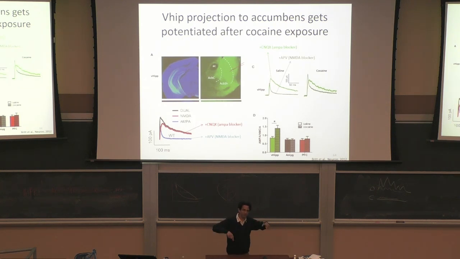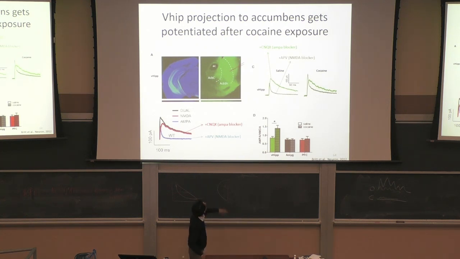In those that were exposed to cocaine, you see the synapse has more AMPA receptors. The AMPA receptor component was found in the patch clamping by adding either the NMDA blocker to see the AMPA response, or the AMPA blocker to see the NMDA response. I see. Thank you very much.